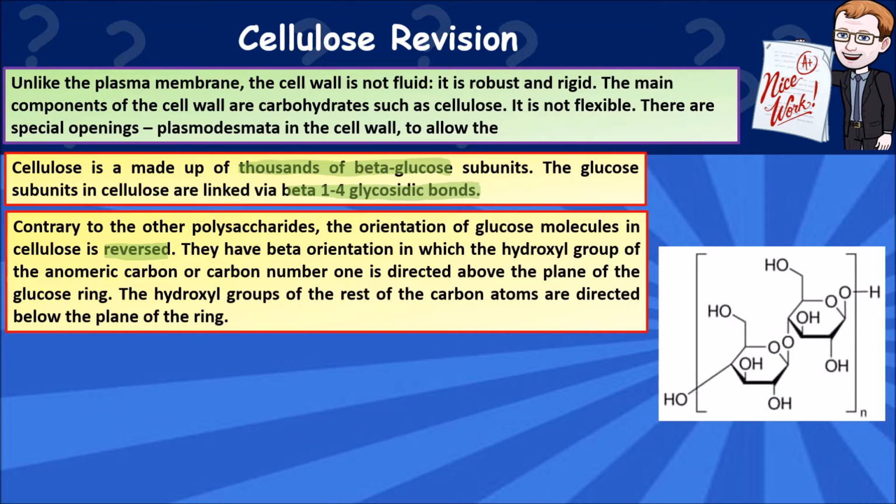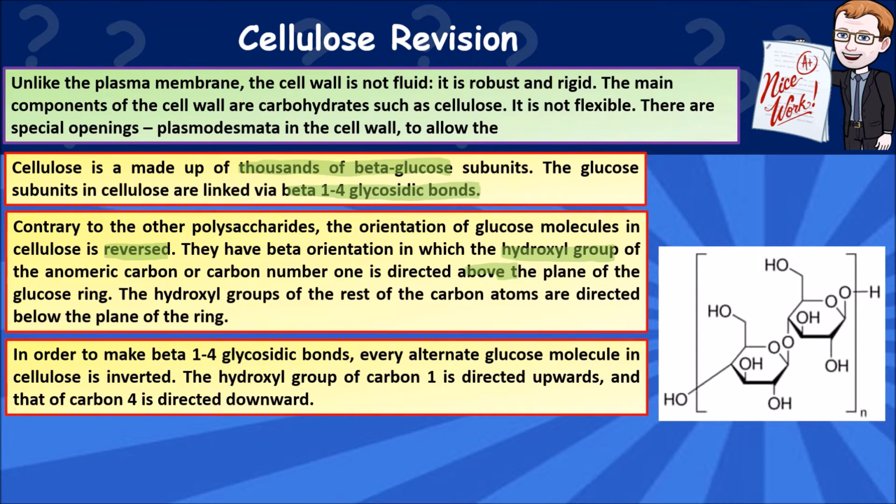They have a beta orientation in which the hydroxyl group of carbon number 1 is directed above the plane of the glucose ring. In order to make a 1,4-glycosidic bond, every alternate glucose molecule in the cellulose is inverted. So the hydroxyl group of carbon 1 is directed upwards, and that of carbon 4 is directed downwards.